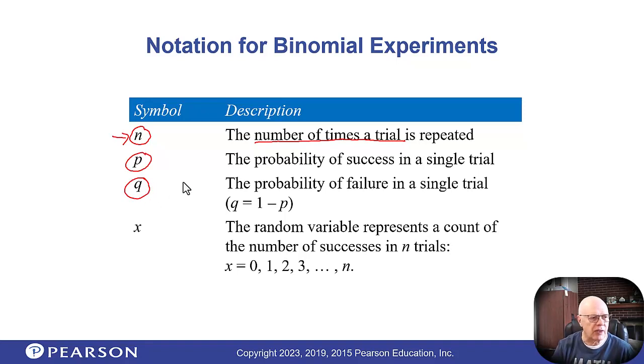Some books don't do that, but I prefer it because it makes some of the equations a little bit simpler. Q is just the complement of P. It's what's left over in the probability. If P doesn't happen, then that's Q. And X is how many times whatever it is we're interested in happens during the n trials.